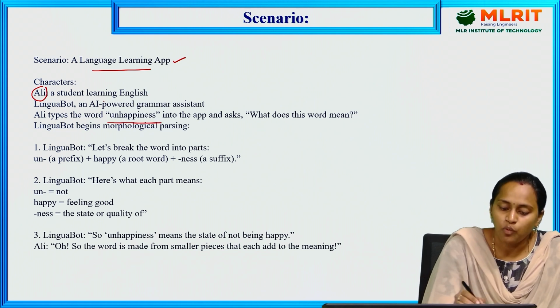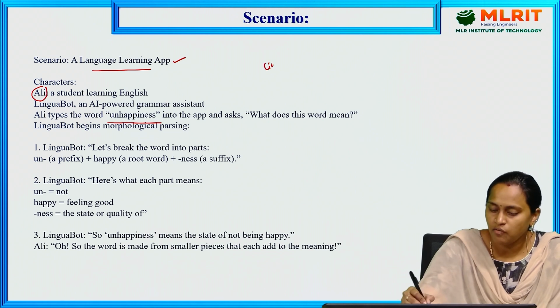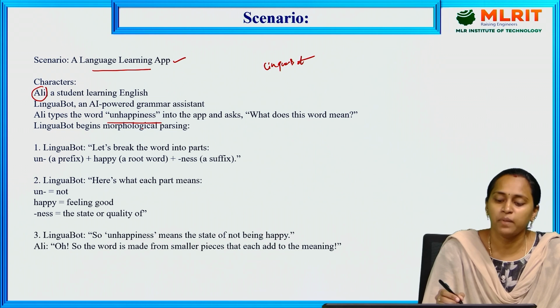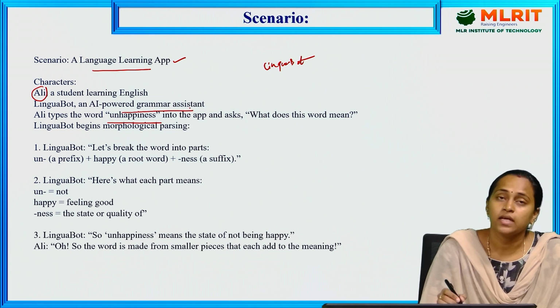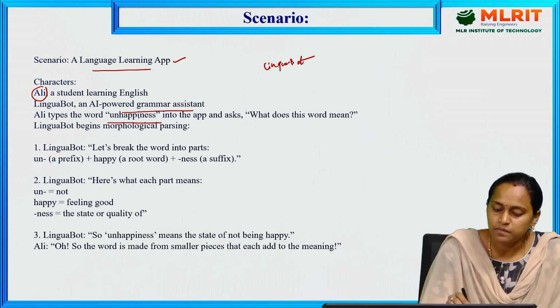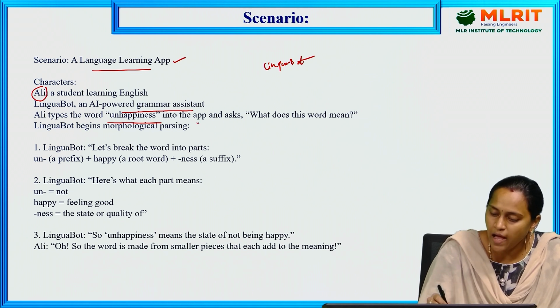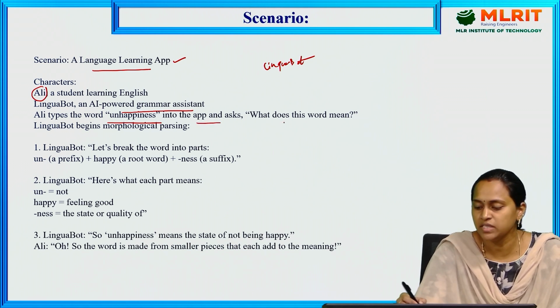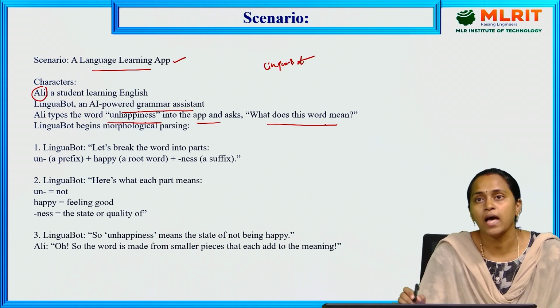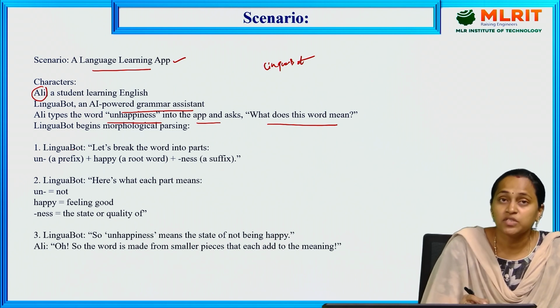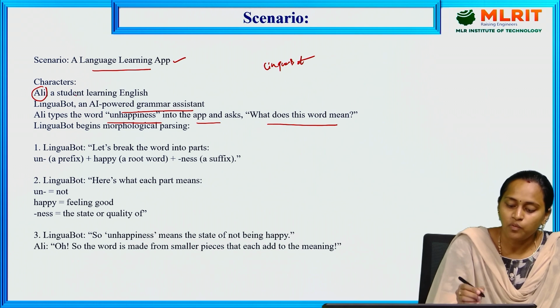The LinguaBot is a chatbot, an AI powered grammar assistant. Ali types the word unhappiness into the app and asks what this word means. What is step 1? What will LinguaBot do?